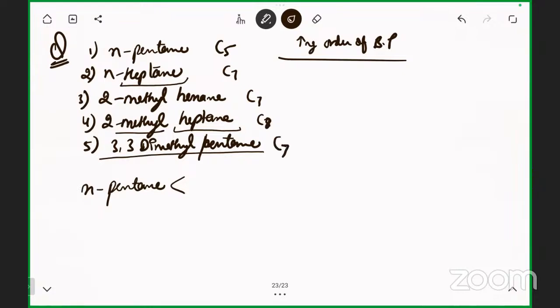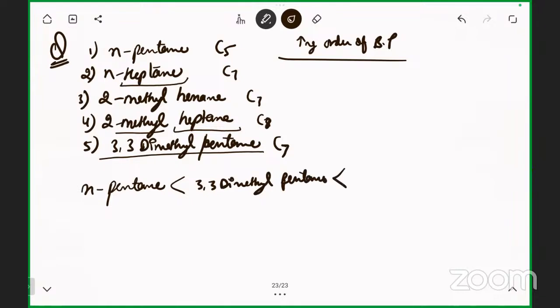n-pentane is the first one. Then the second, third, and fifth all contain 7 carbon, but the maximum number of branching is present in the fifth one, so it will be 3,3-dimethyl pentane.